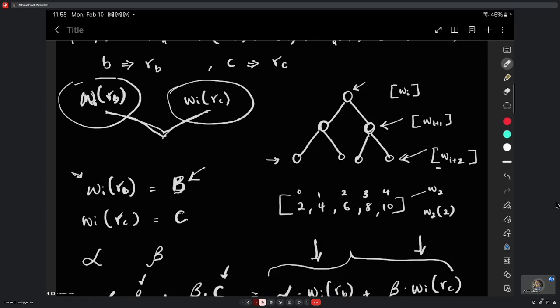We perform interpolation on the two elements in the array at a, and that is where we get our W of a. Then we substitute b and c inside. That is how we get the polynomial W_{i+1} of b and c.